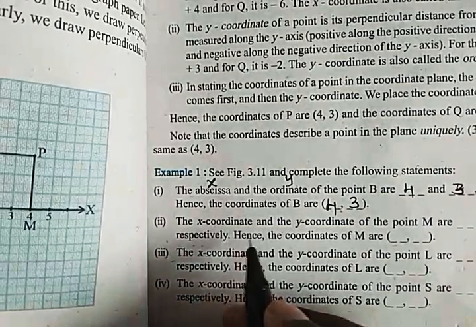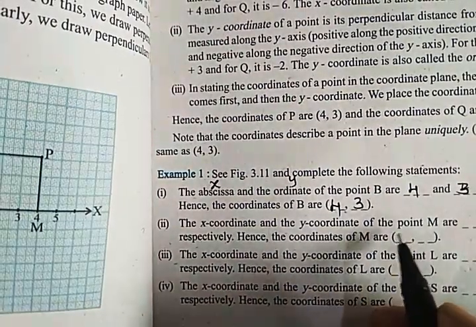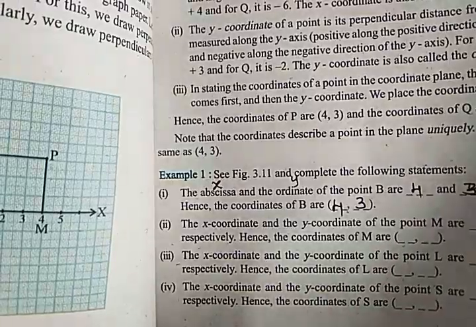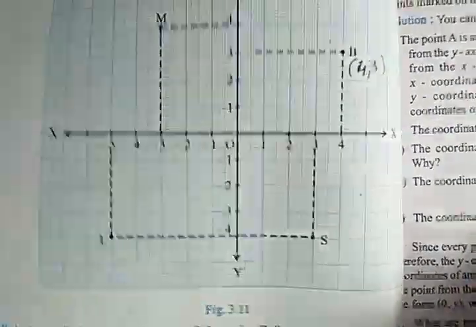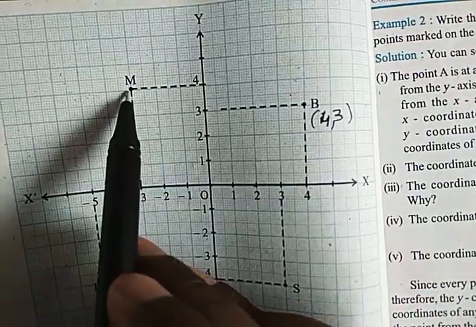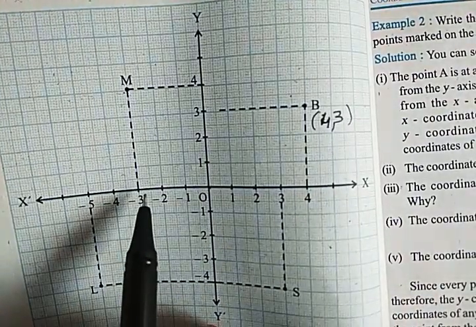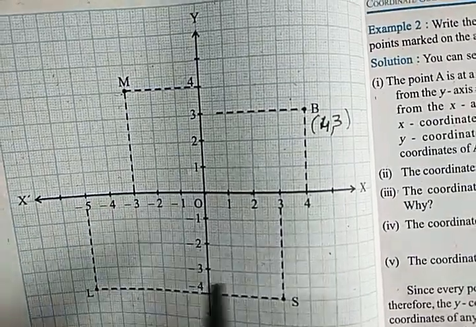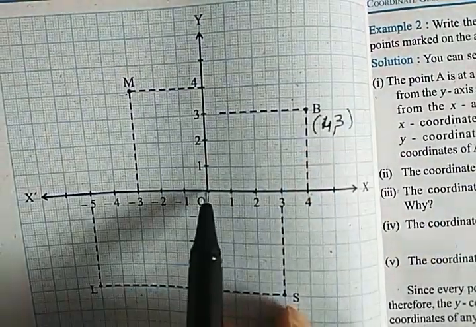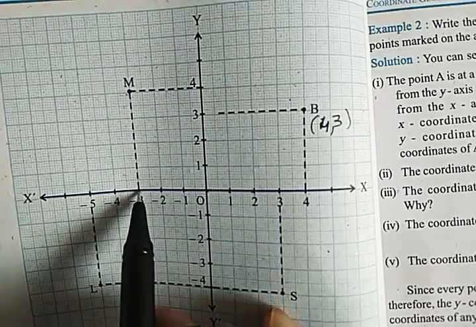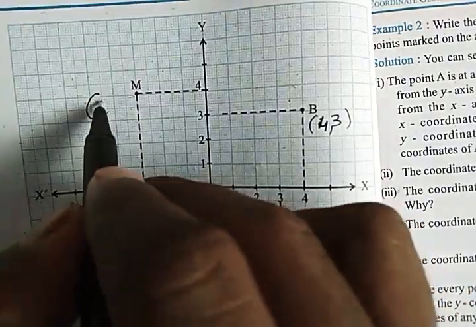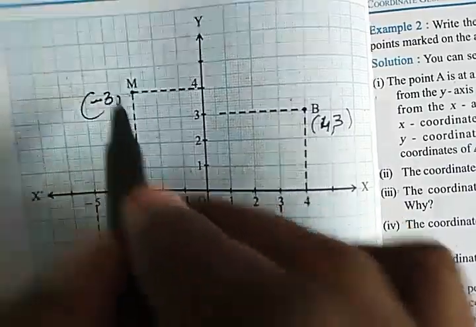Next, the x coordinate and y coordinate of the point M are dash and dash, and hence what are the coordinates of M? Look at the diagram, where is point M? Point M is here. The x coordinate means distance from the y-axis. This is the y-axis. So 1, 2, 3 units in the negative direction. So the x value here is minus 3.